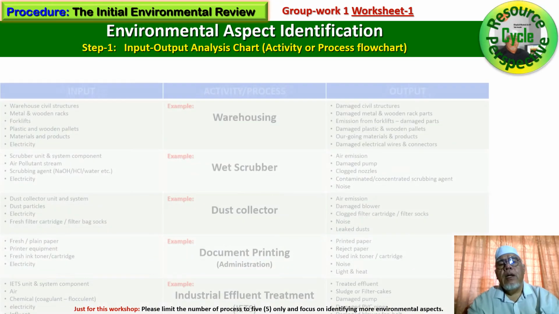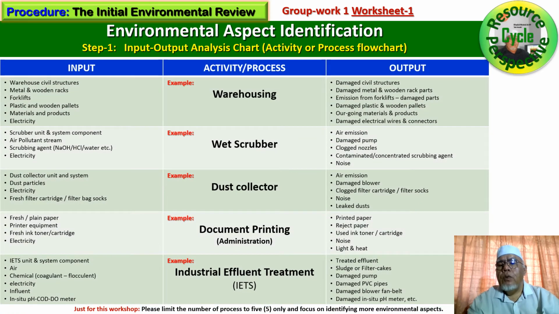this is what I want to share with you at this moment, whereby as a summary, I'm displaying what you may arrive at after you have done the input-output analysis, and you have a format like this, perhaps in your master register of input-output analysis.